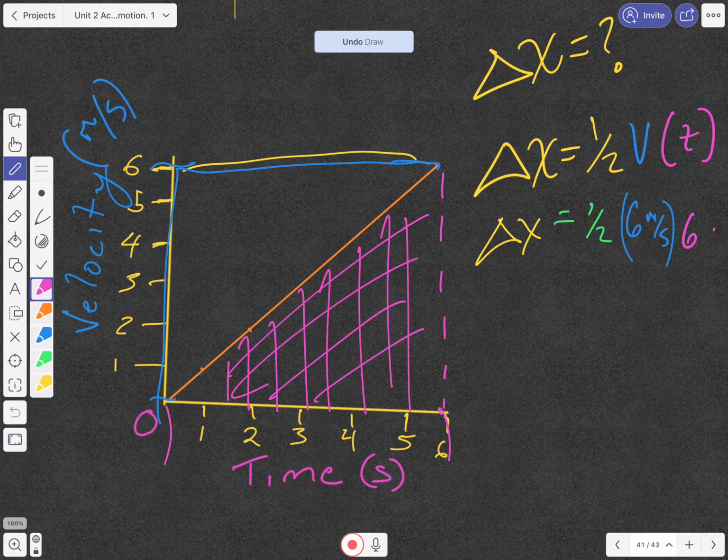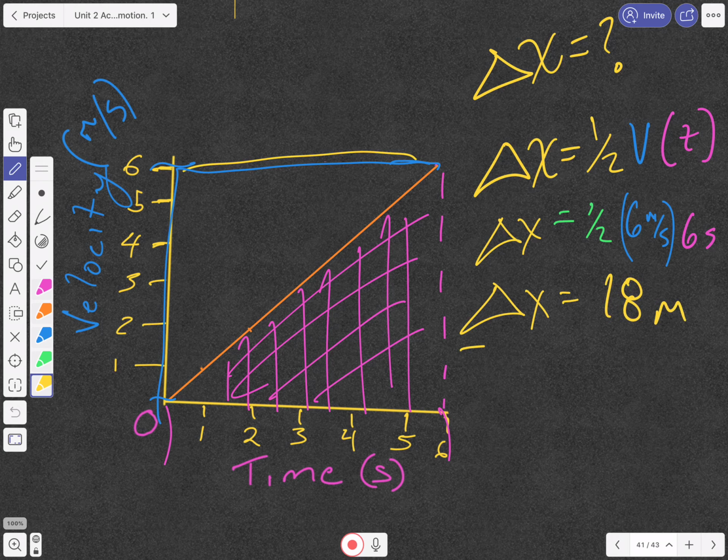Ooh, I'm getting tired. So now if you multiply all those together, 6 times 6 is 36, times 1/2 or 0.5 is going to give you 18 meters. And again, if you don't believe me, feel free to count up all of these squares. It ends up being 18 meters.